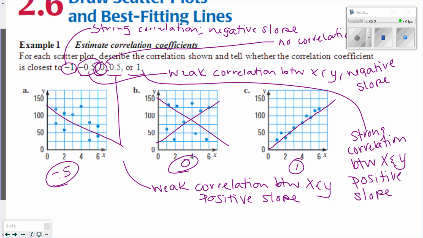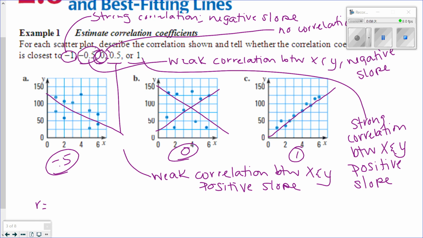if you actually compute this, we get our R, our correlation coefficient, is about -0.46. For letter B, we get -0.02, so that's pretty close to 0 for our correlation coefficient.